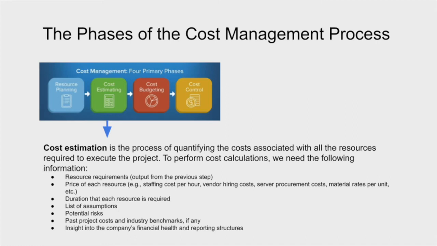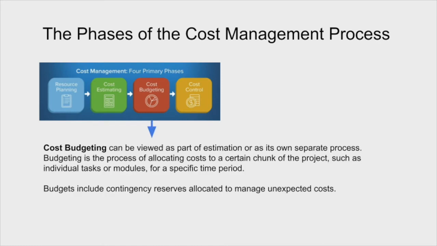The third stage grows immediately out of the second stage, and that is the cost budgeting. So we've got our estimates, so now we need to put a finer point on those estimates by creating some budgets. And the budget is a planned expenditure, really. So it can be viewed as part of the estimation or a separate process. And what we need to do is allocate the cost for each individual chunk of the project.